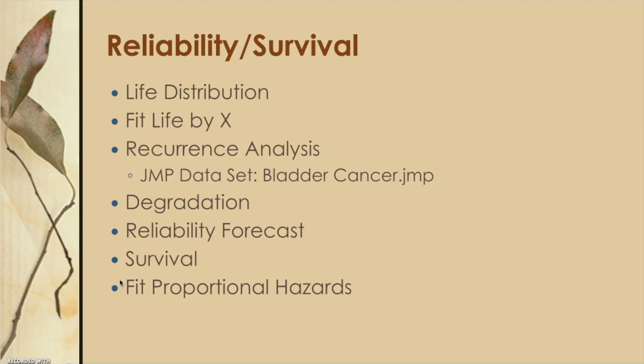And then we have survival. This is using a single Y variable that represents the time to event or time to failure, and this analysis is used to examine the distribution of failure times. Then we have fit proportional hazards.